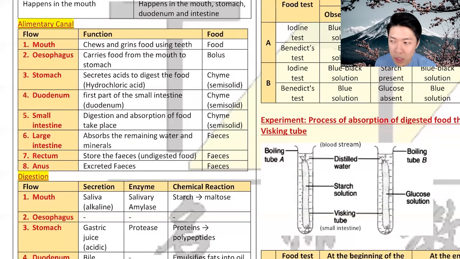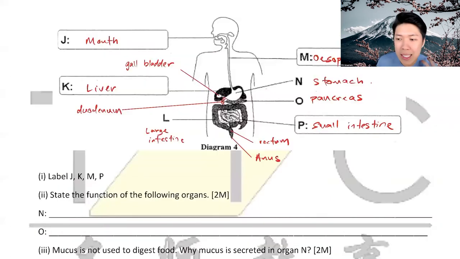I would say no. Please make sure you list down the things that the stomach secretes. Even if it's just acid, you can write secretes acid to digest food. But not just to digest food. That's not acceptable. Or to digest protein. That's not acceptable as well. Make sure you mention secretes something. So I'm just listing out 2 for you, although my short notes or your textbook may give more.